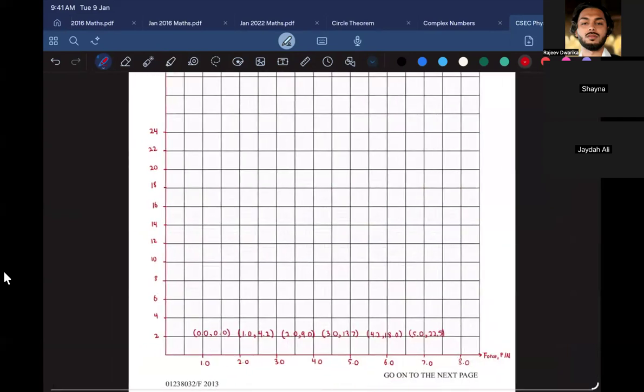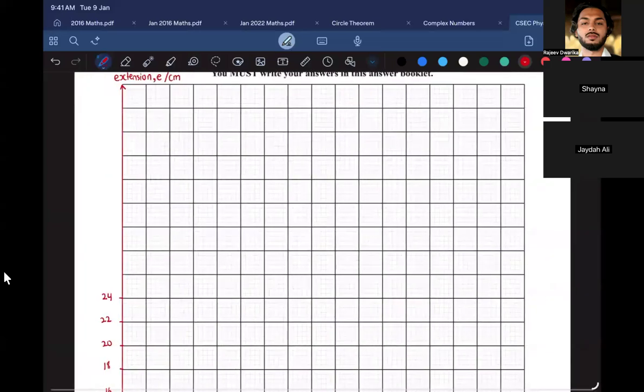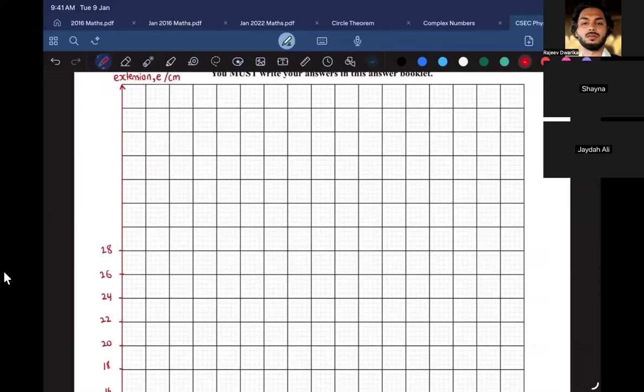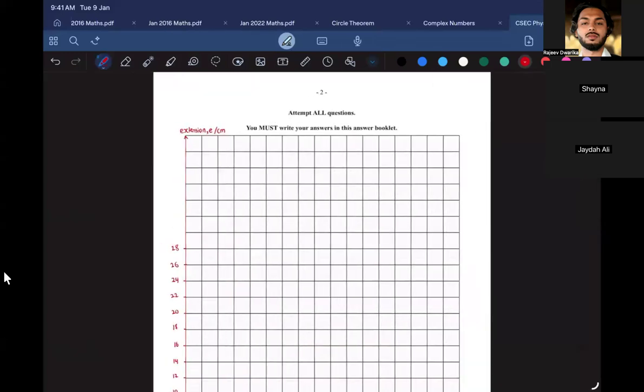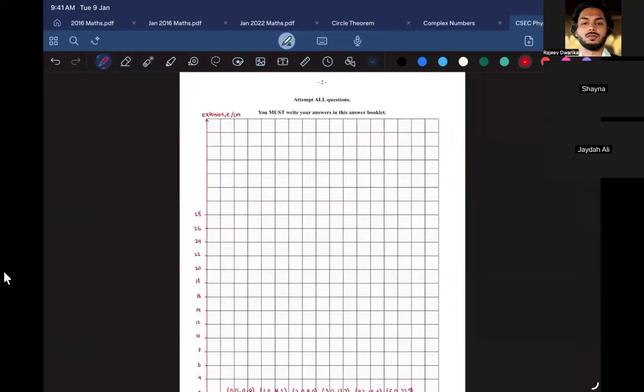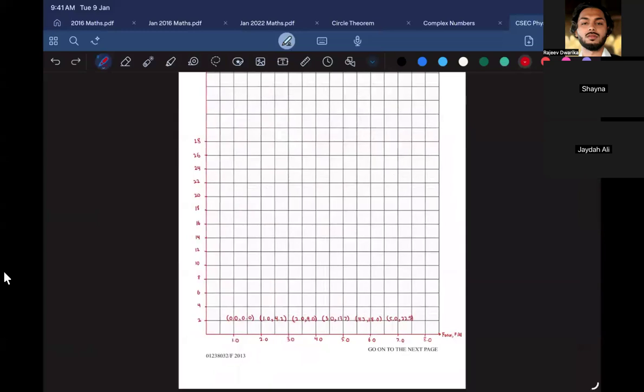Let's see. 2, 4, 6, 8, 10, 12, 14, 16, 18, 20, 22, 24, right? 26, 28. Cool. Now in the exam, we should most likely fill out the axes, right? You should do that. Go all the way up to the head of the arrow. But we're fine where we are right now.